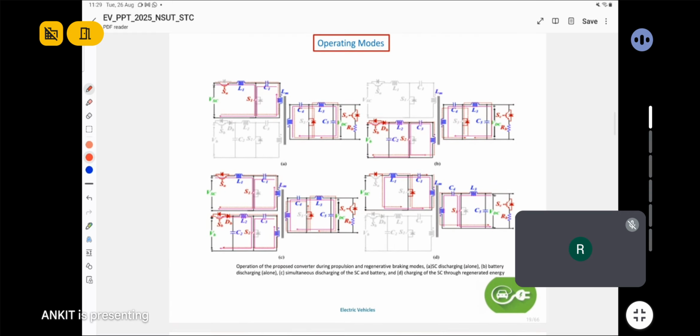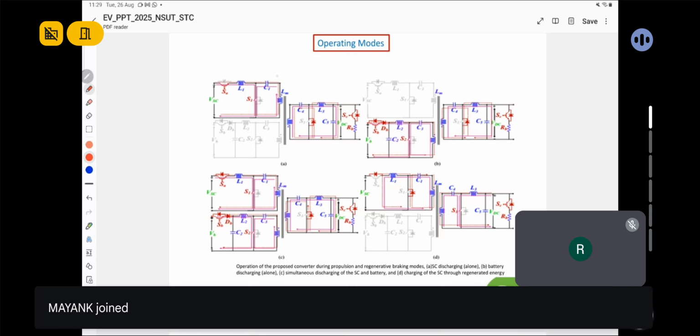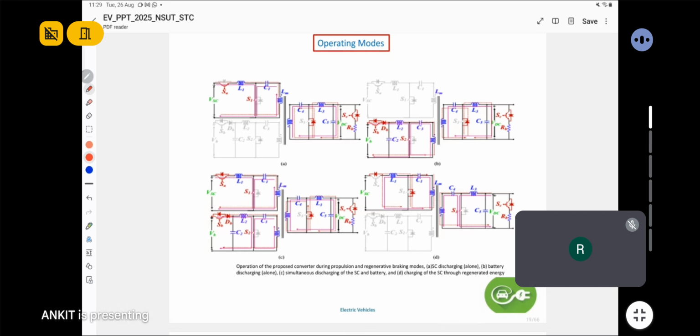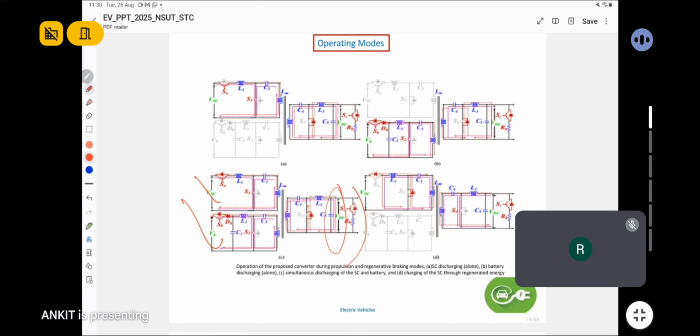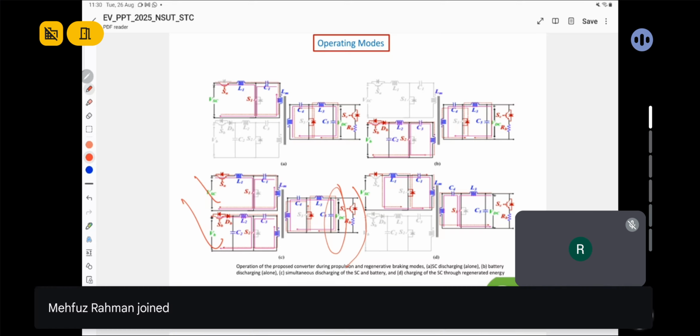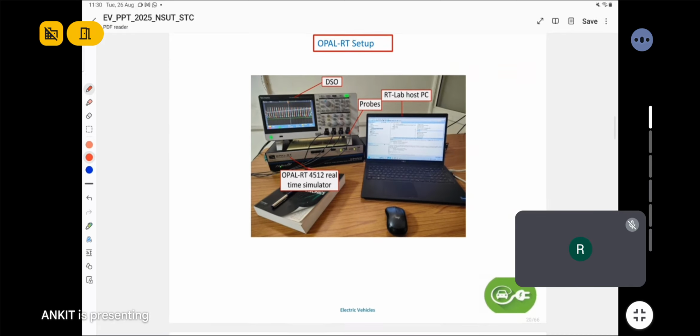The modes of operation are shown here. When the supercapacitor is alone providing power, it works as an isolated Cuk converter, and in all the modes it works as an isolated Cuk converter, whether both the supercapacitor and battery are providing power to the load, the battery alone is providing power, or it is the regenerative braking operation, where the supercapacitor is charged.